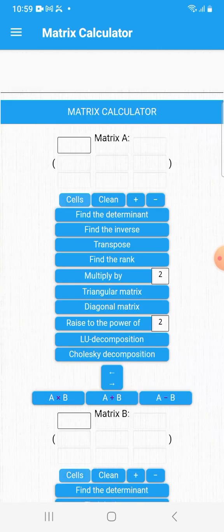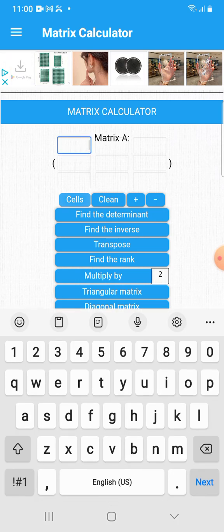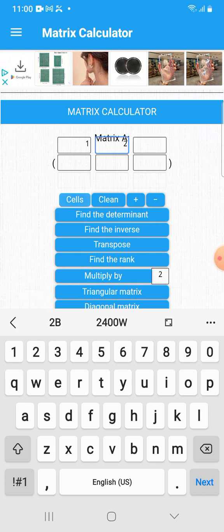So you can see the transpose here. You can see the rank. You can see the determinant. You can see everything. Now you can see the inverse. So if I punch in the values I had earlier, I'm looking for the inverse of 1 and so on. I put 1, then 2, then 3.